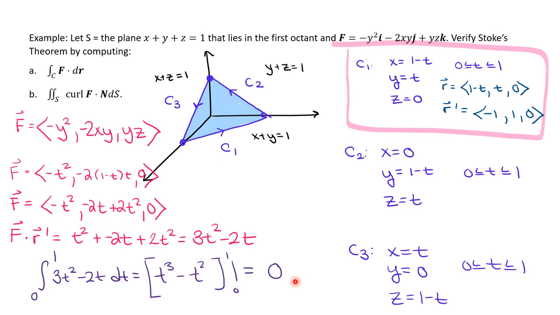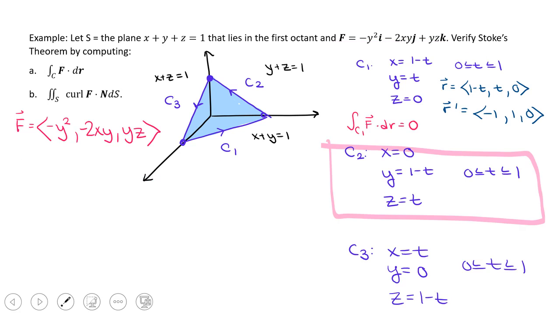Okay, so lots of work, answer of 0. We are 1/3 of the way done. So what I've figured out is that when I integrate this vector field along that path C1, I get 0. And I'm just going to jot that down over to the side so I don't forget that. So integrate along C1, we get 0.